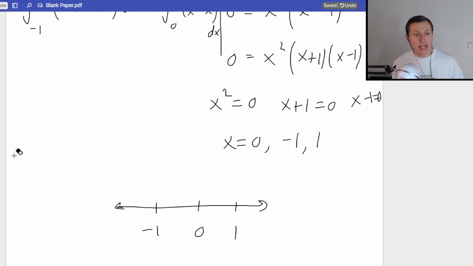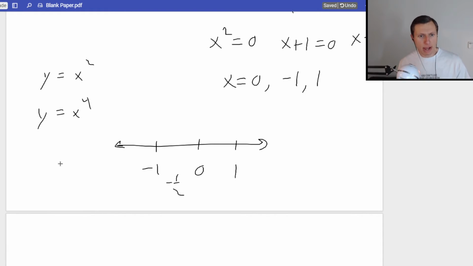And to do that, I need to plug in a point between -1 and 0 and another point between 0 and 1 into both functions. So that's kind of confusing. Let's do it together. So we have the two functions y equals x squared and y equals x to the fourth. First, I'm going to plug in a point like -1/2 in between -1 and 0. If I plug in -1/2 into both functions, I get y equals (-1/2) squared, which is what? +1/4, right?